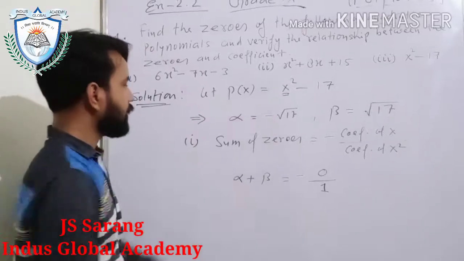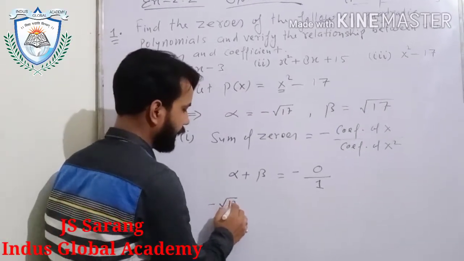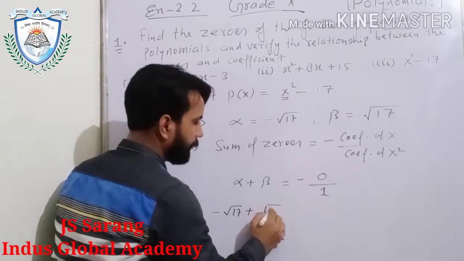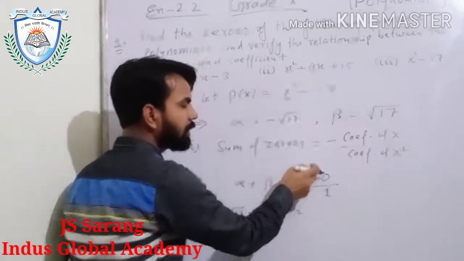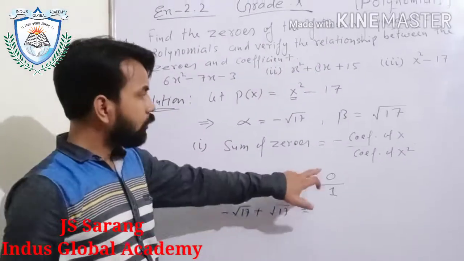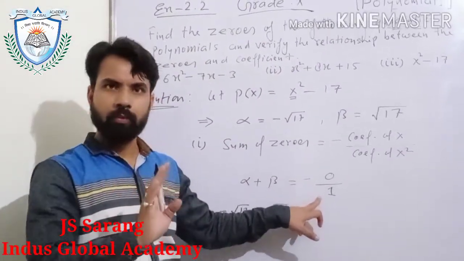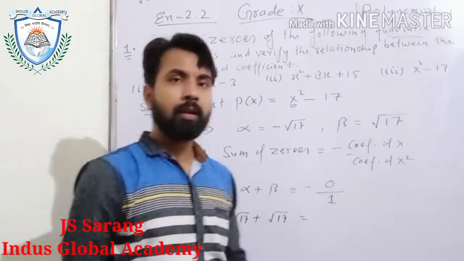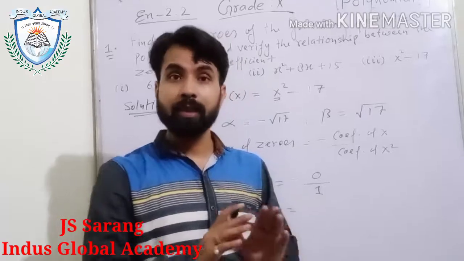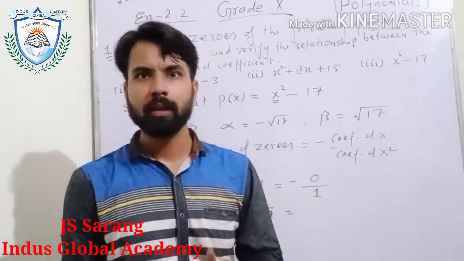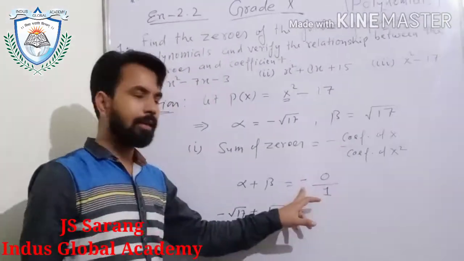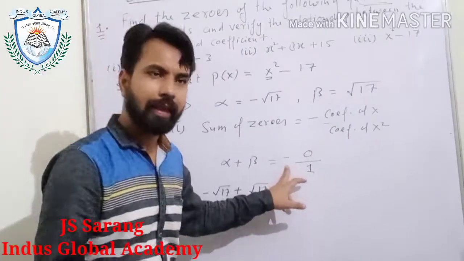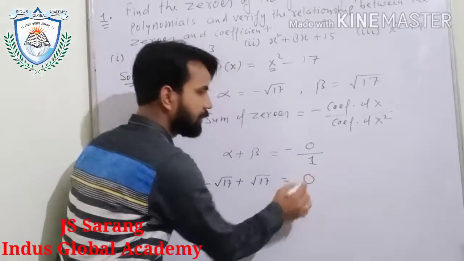Alpha is minus root 17 plus beta, which is under root 17, equal to minus 0 upon 1. 0 upon 1 gives you 0, and you know 0 is neither positive nor negative, so we remove the minus sign and it is simply 0.